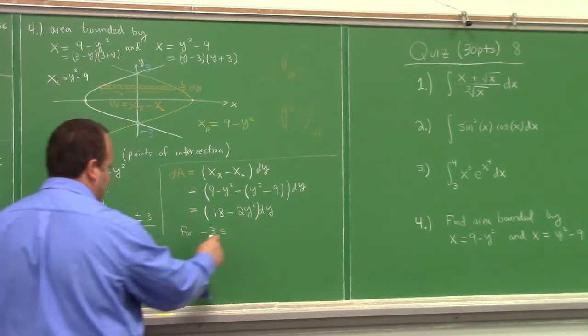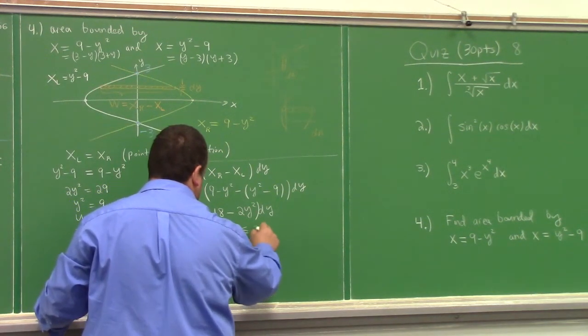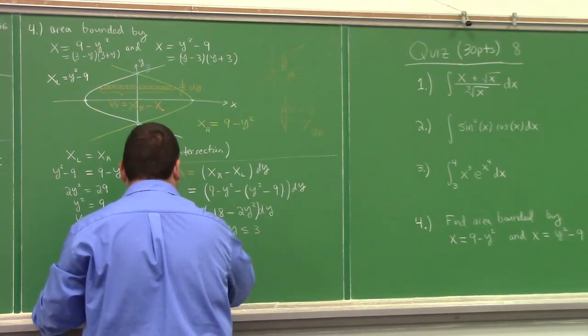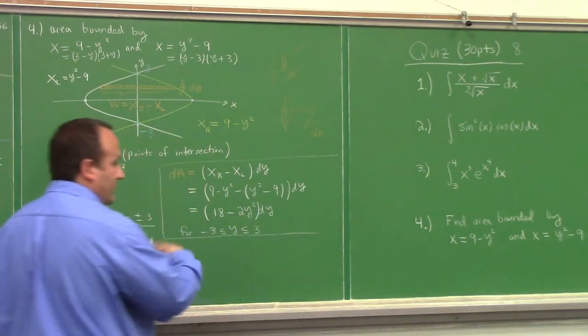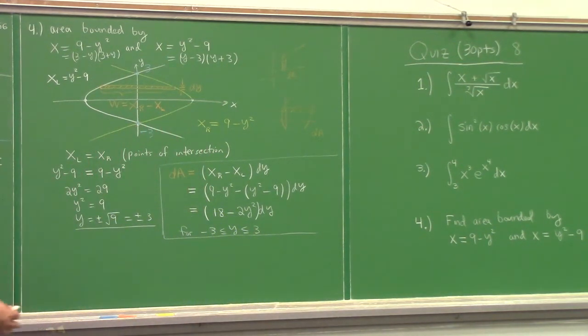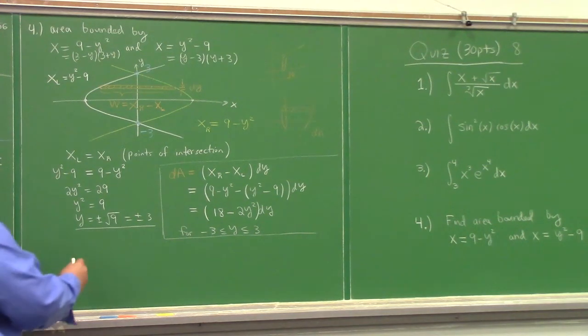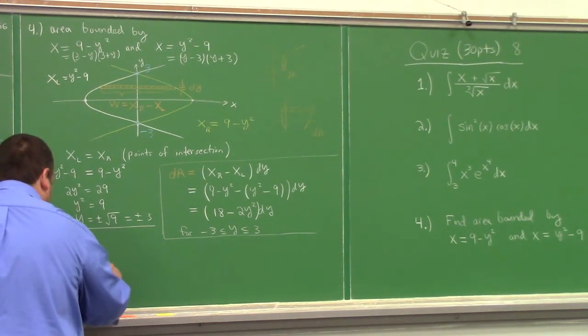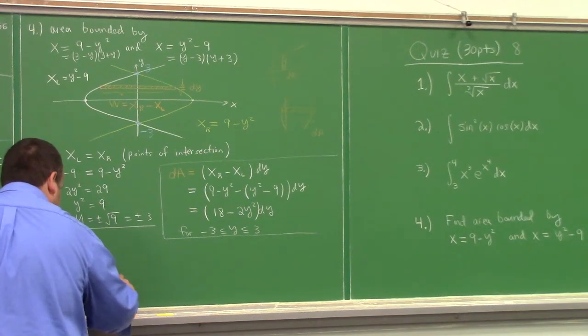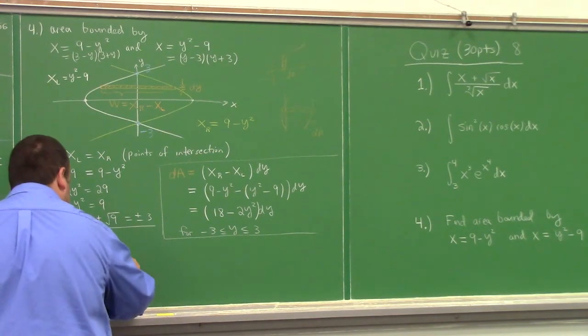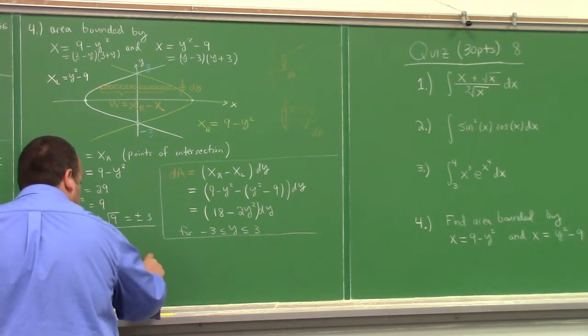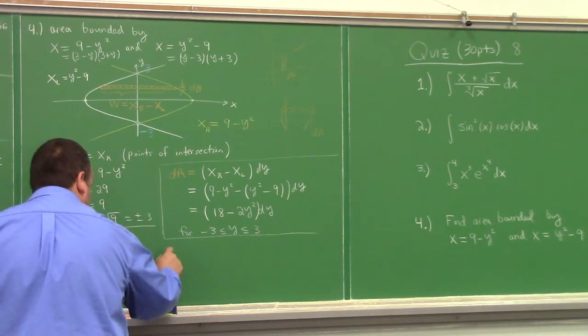So we do minus 3 less than or equal to y less than or equal to 3. It's important to figure that out because whatever you write for that inequality informs how we write down the continuous sum to get the area, the integral. And so the area is the integral from minus 3 to 3 of 18 minus 2y squared dy.